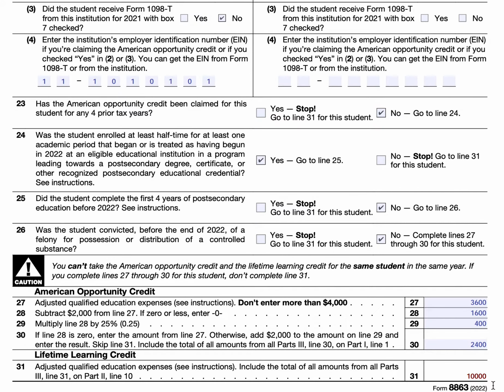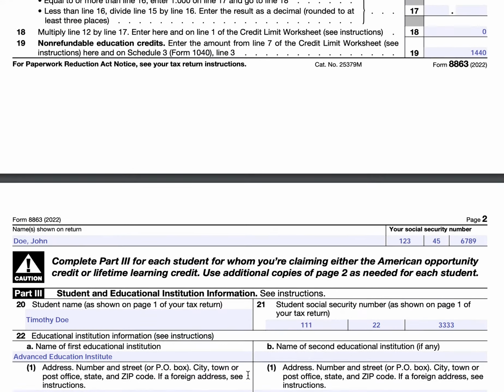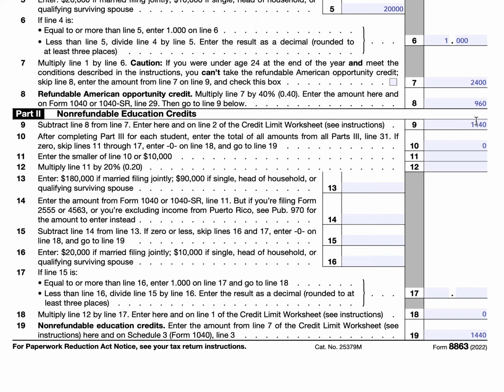But let's just say we had $10,000 of qualified education expenses under the lifetime learning credit. Then we would put this information under part 2, line 10. Here in line 11, we would enter the smaller of line 10 or $10,000. So that available credit is up to $2,000, right?